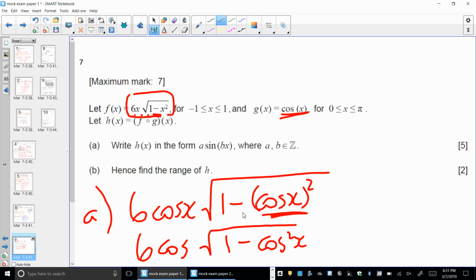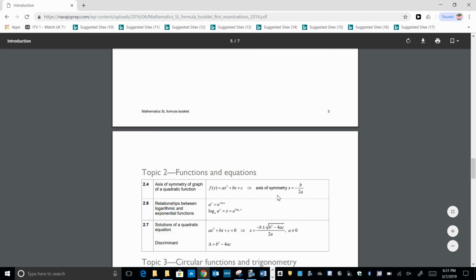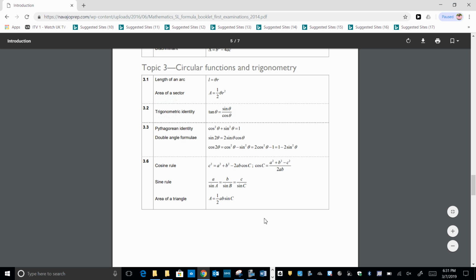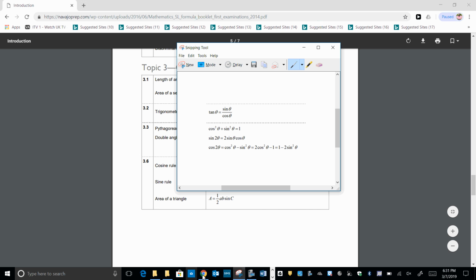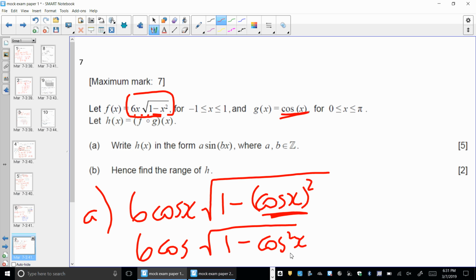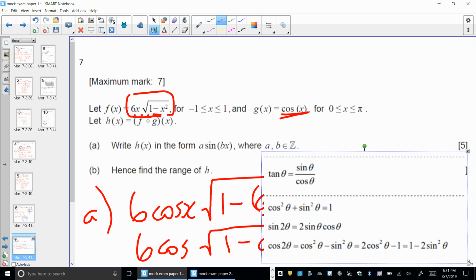Now, at this point, we need to start thinking, right, they've now changed what we've got here to a sine. So we're probably going to be using our formula booklet. So we find our formula booklet and snip all of these to see which ones are going to be useful.